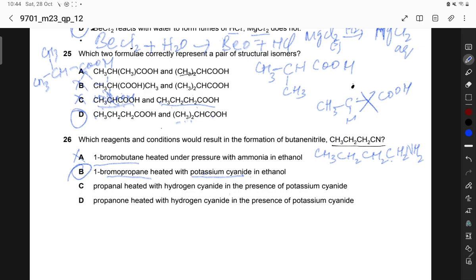No, a hydroxy compound is formed, so this is incorrect. Propanol is also incorrect. So B option is correct.